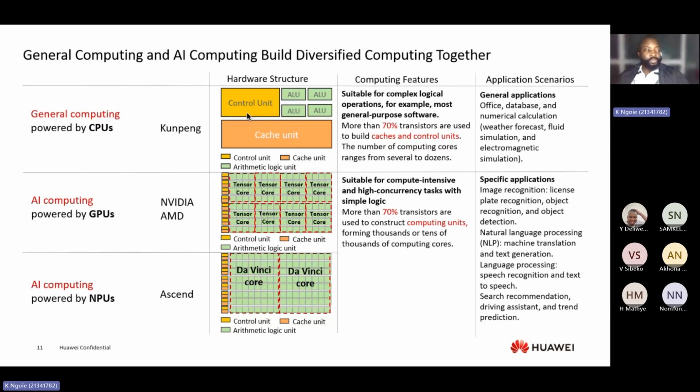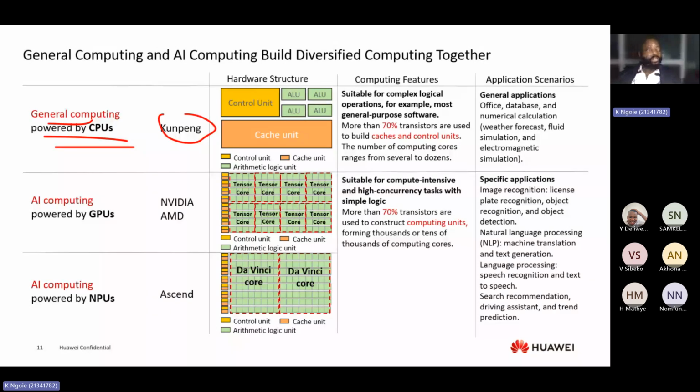In terms of general computing, the hardware structure that we have, this general computing will be powered by CPUs. We have the Kunpeng technology, which is something that you're going to learn about in terms of hardware.